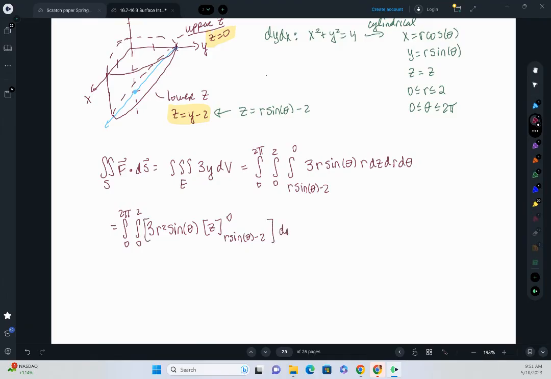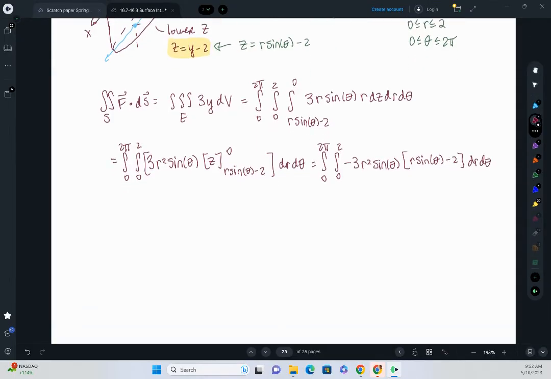And after that's done, we'll still have a dr and a d theta to handle. Okay, so the evaluation at 0 is 0. We're going to get 0 to 2 pi, 0 to 2. And so 0 minus the 3r squared sine of theta times this r sine of theta minus 2, and then dr d theta. So I need to distribute, gather some like terms, make this look a lot better than it is.